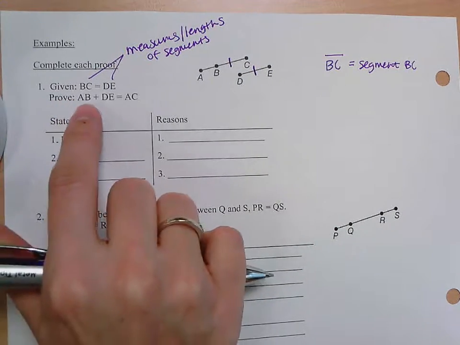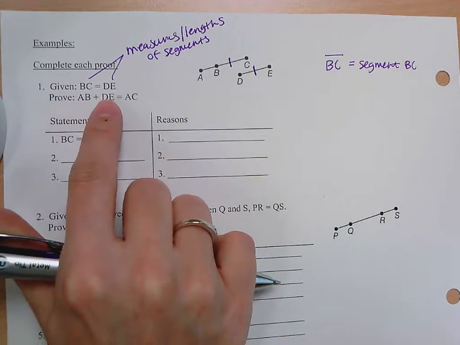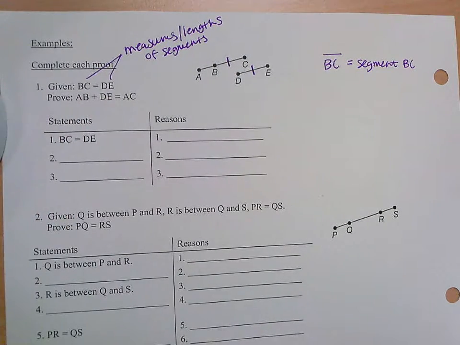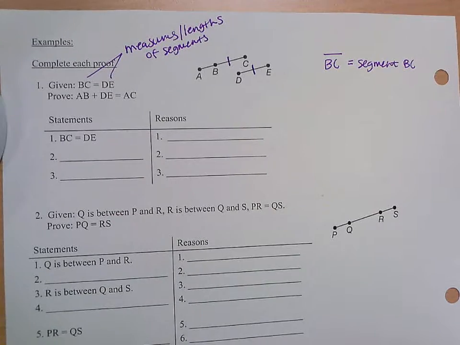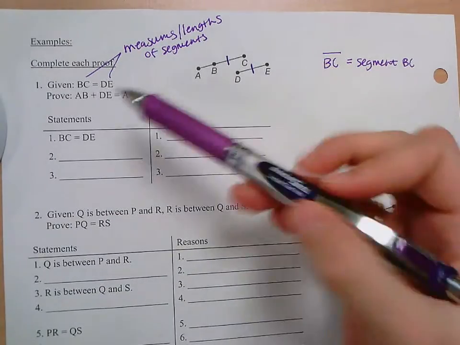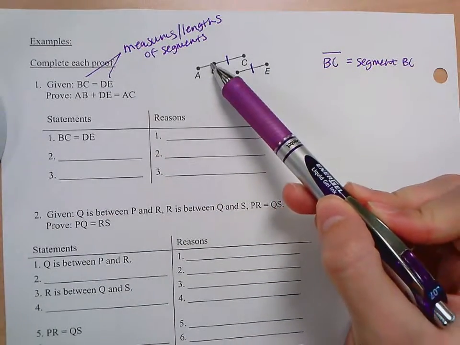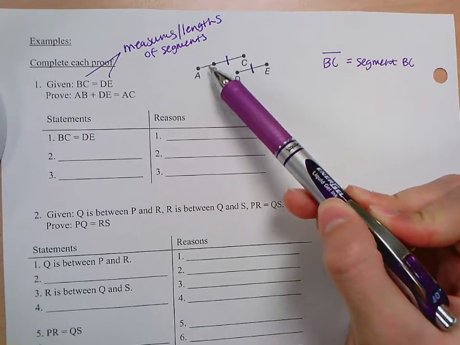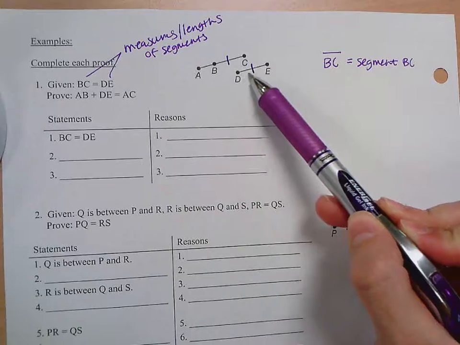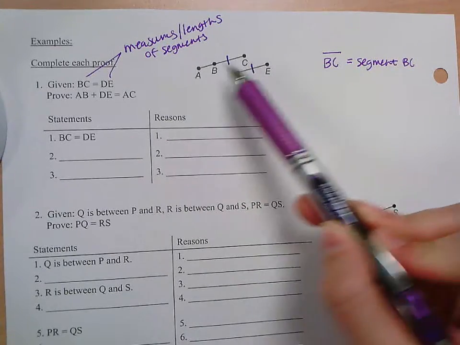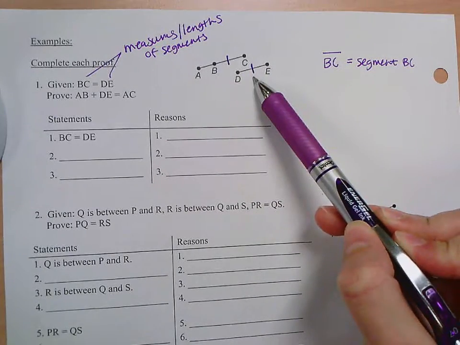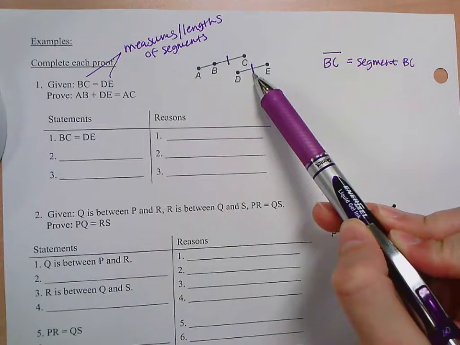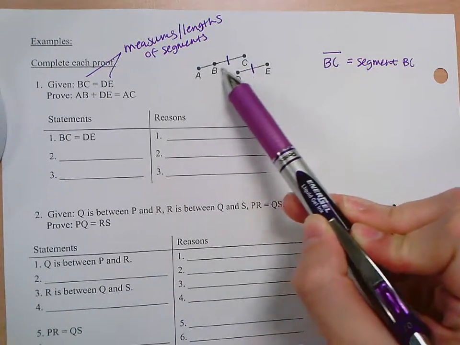I'm trying to say that AB plus DE equals AC. So if you look at this picture, again, to understand what you're trying to prove, I'm trying to say that this segment here plus this segment here, so AB and DE, if I add those segments together, I should get the same length as AC.